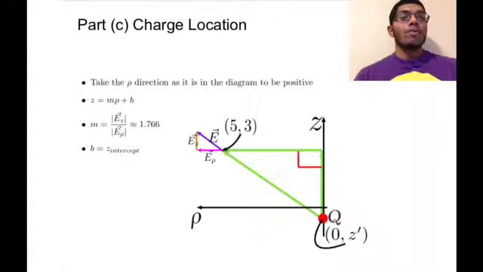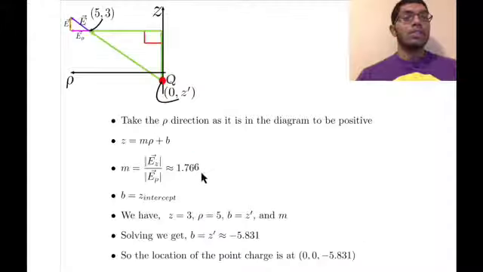And now, because we have the slope and because we have a point on the line, we can easily find what this b, what this intercept is, this z-intercept. And the z-intercept is this location of the point charge. So once again, I know the slope, I'm looking for the z-intercept, and I have 3 on the z-axis, my rho equals 5, and I have the slope.